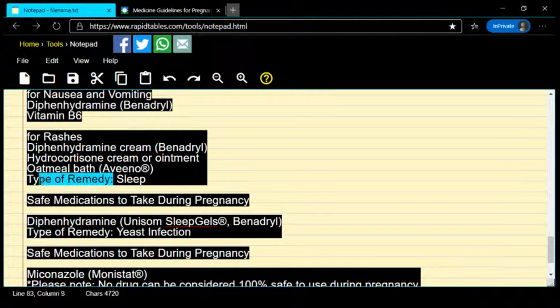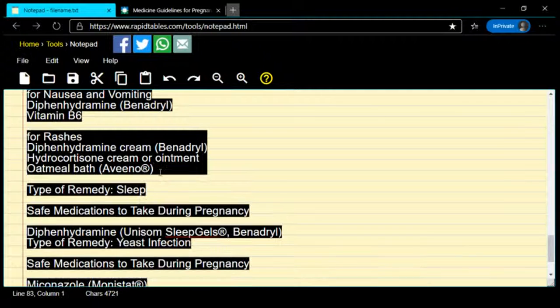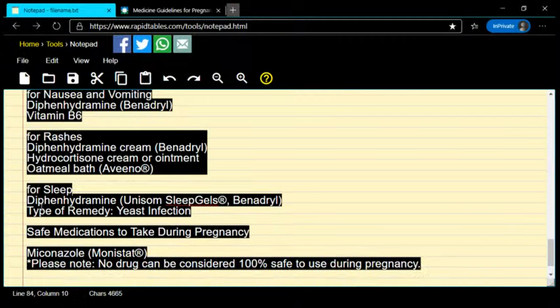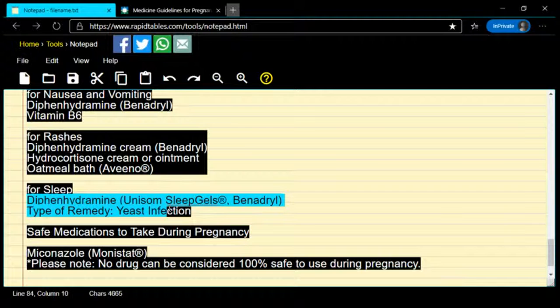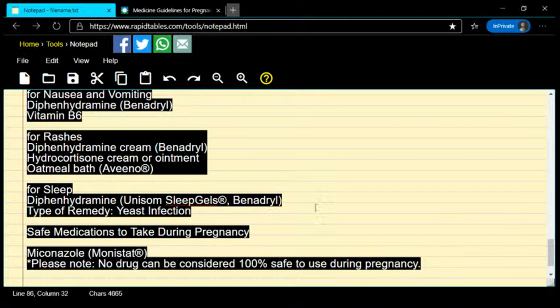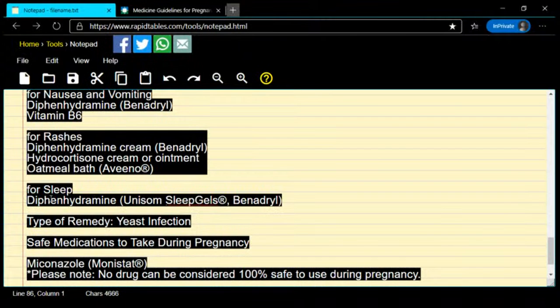And for sleeping disorders, we have other medications. These medications being diphenhydramine, Unisom SleepGels, Benadryl.